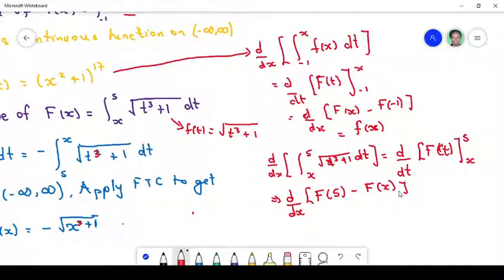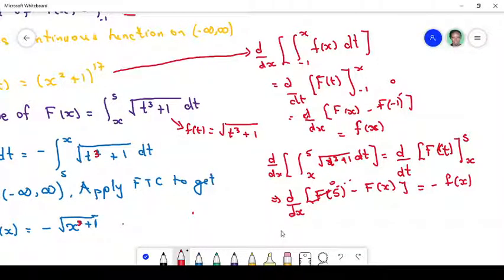This is all you have. You realize that F of 5 is a constant, and because it is a constant, it goes to 0. Just like we had here, that this was a constant so it goes to 0. If you differentiate a constant, you get 0. So then this is going to give you minus f of x.